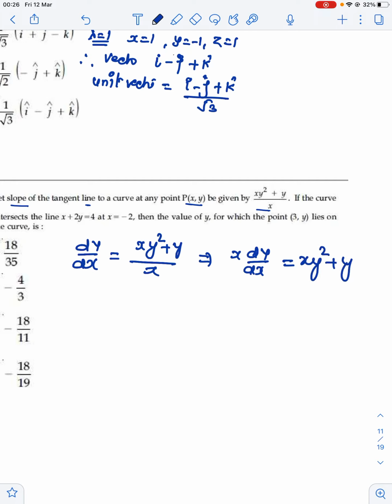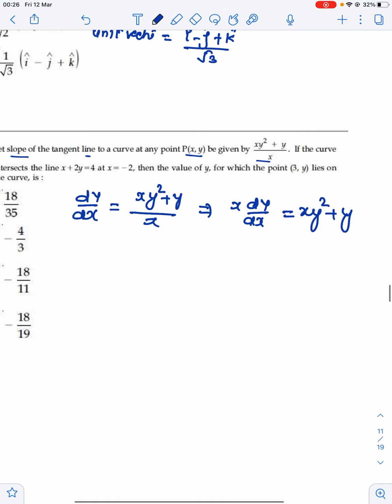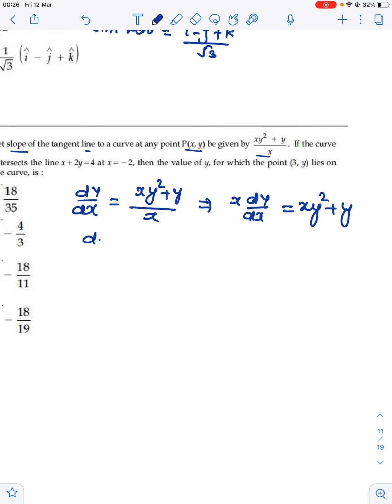Now here y and y square both are there. Now we can convert it into the linear equation, first degree linear equation. Now divide by x into y square.